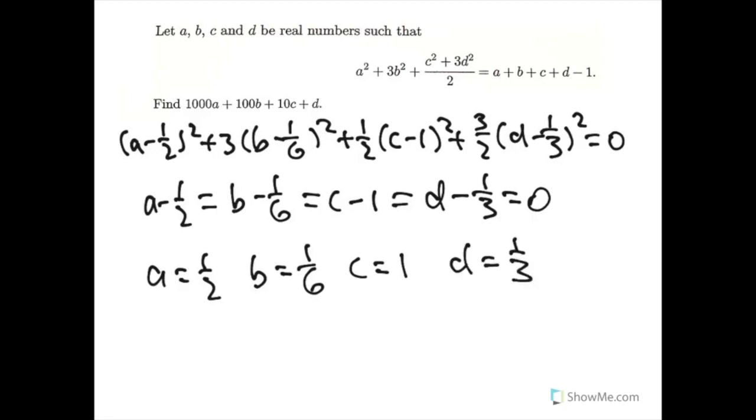And voila, we can go back and find what 1000a plus 100b plus 10c plus d is equal to. If you calculate, you will find that the answer is 527. So this is the final answer to this question.